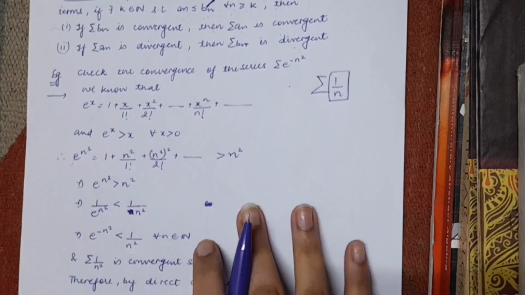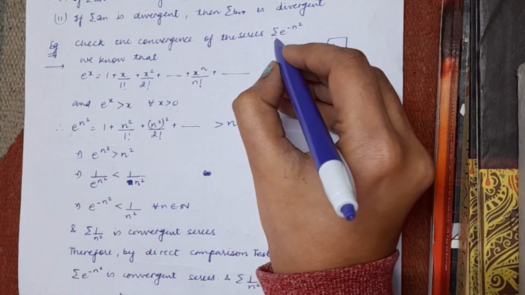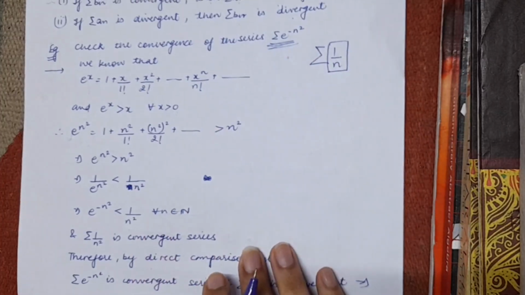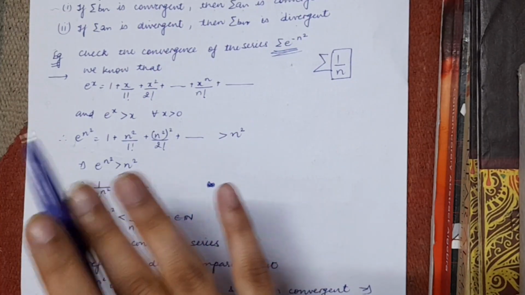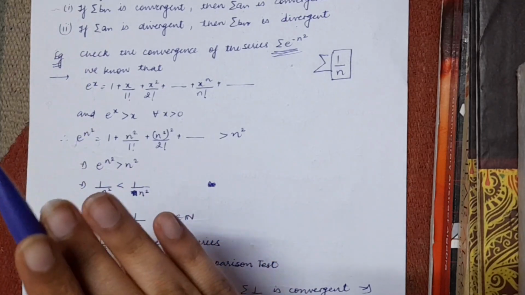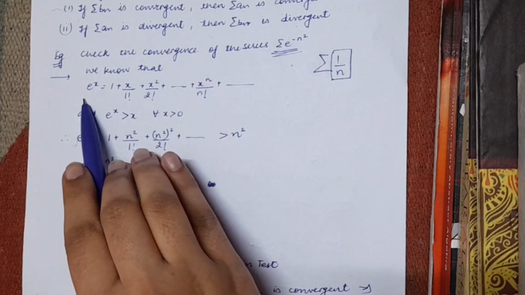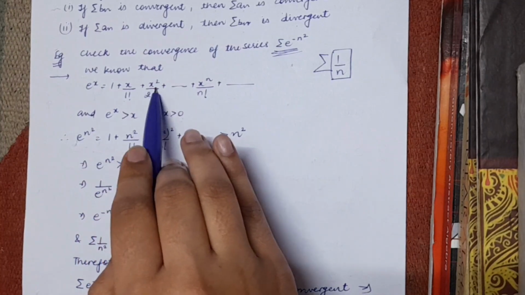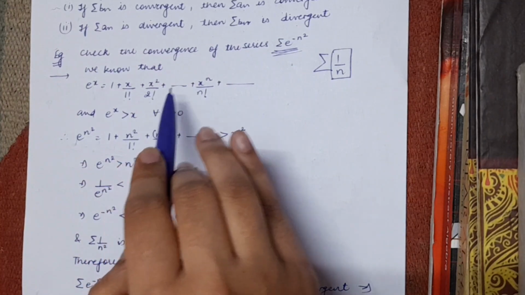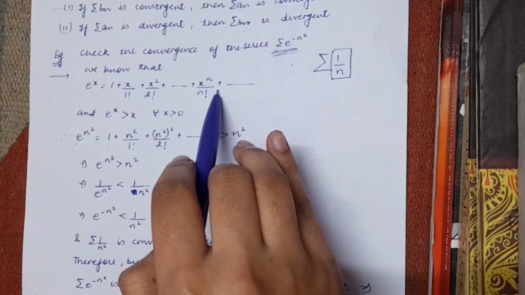Now check the convergence of the series e to the power minus n square. Here we know the basic standard expansion of e to the power x: e to the power x is 1 plus x divided by 1 factorial plus x square divided by 2 factorial plus and so on, x to the power n divided by n factorial and so on.